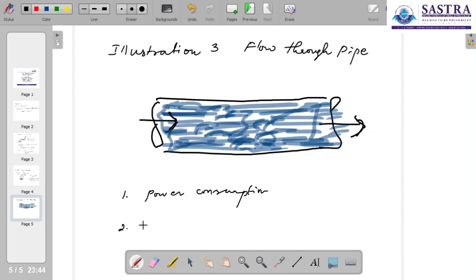The second question could be based on the design. That means it could be what diameter of the pipe to be used. If I want to fix this flow rate and I have this pumping power fixed, then what diameter is the best?